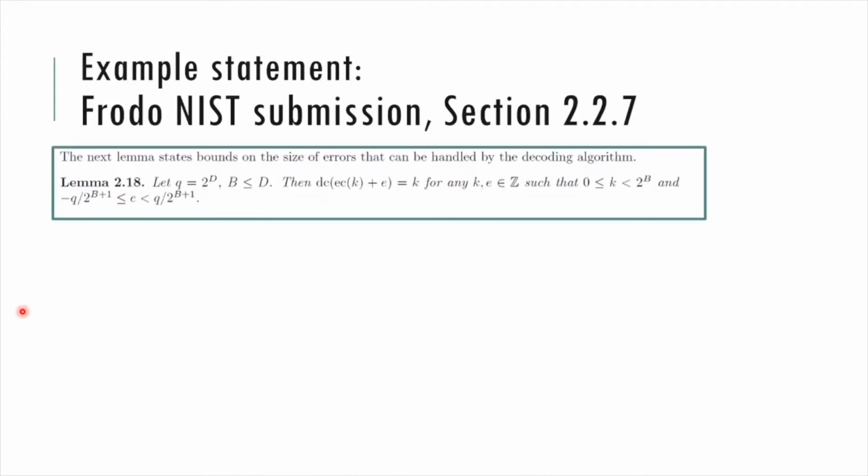In the Frodo NIST submission, for example, the following statement is made. Let Q be a power of 2, then the decoding of an encoded K plus some error E gives back K as long as E is in between these bounds.